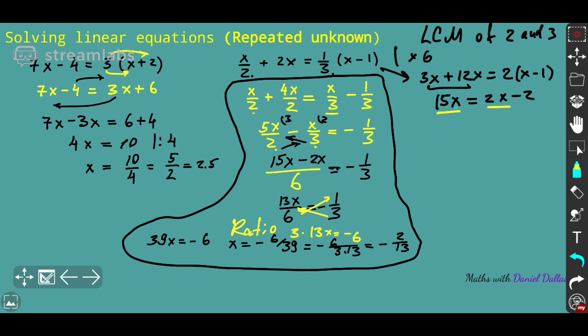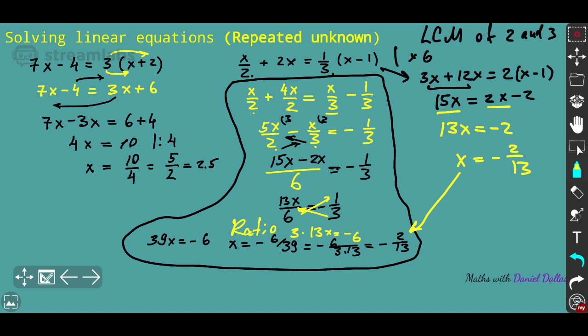This is a simple linear equation with a repeated unknown. So you transfer 2x to the left side and you'll get 13x equals negative 2, from which we get negative 2 over 13, which is the same answer. But you see that it takes much less time to get to your answer.